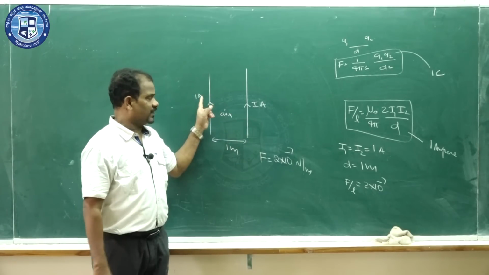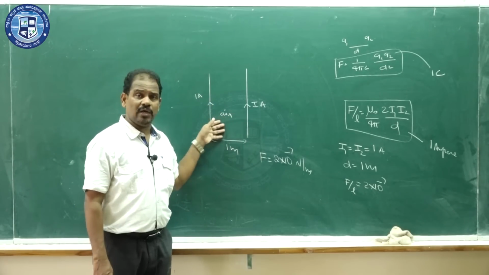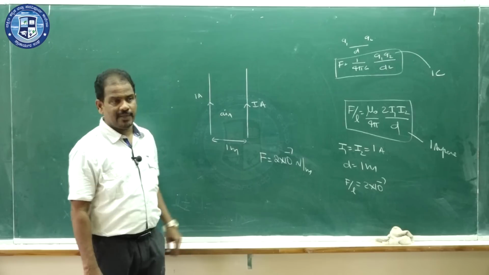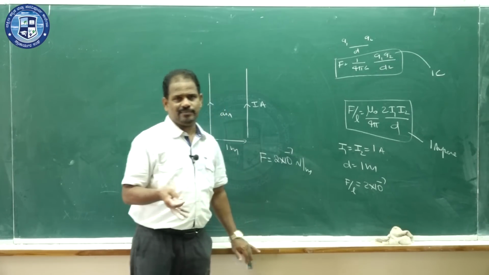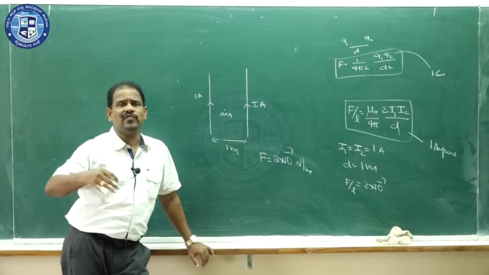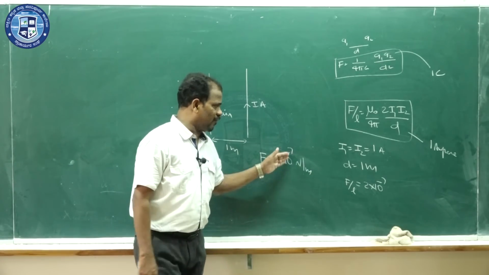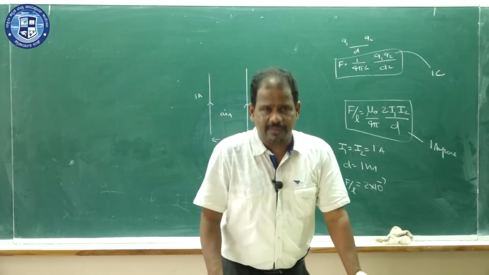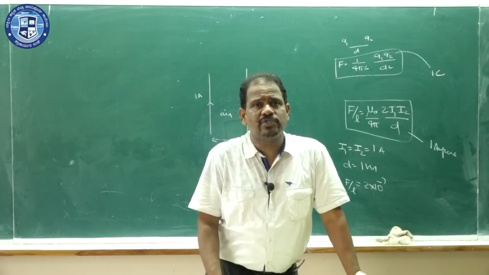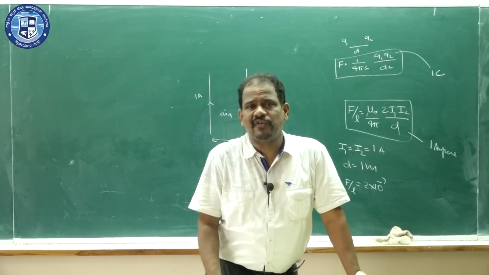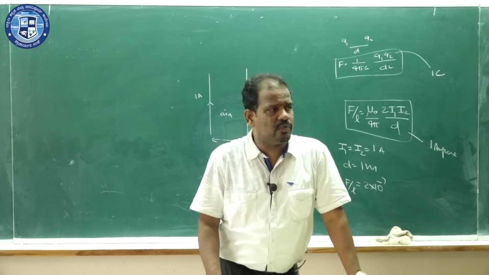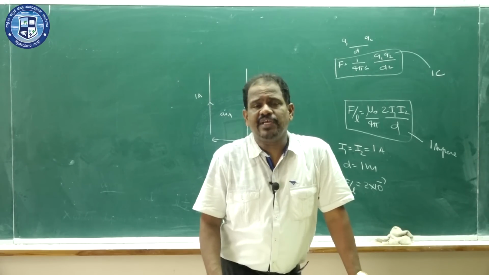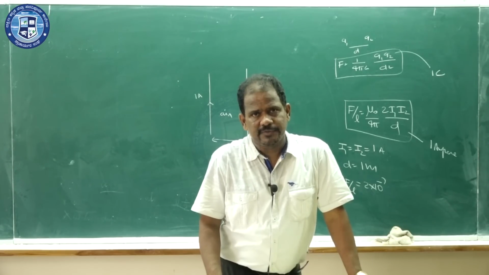So 1 ampere is that current which when flowing through two parallel conductors separated by a distance of 1 meter in air experiences a force of 2 into 10 to the power of minus 7 Newton per meter. So this is about the expression for force per length between two infinitely long straight parallel conductors, defining 1 ampere. Is it right?